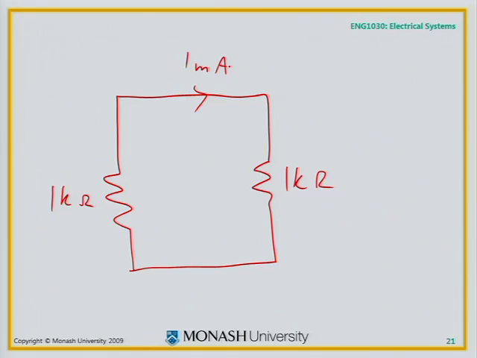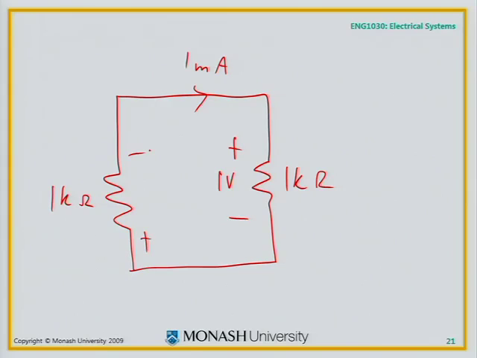Change the magnetic flux through it. So, a time varying magnetic field. Suppose it induces 1 milliamp of current. What's the voltage drop across that 1K resistor? With that sign convention, 1 volt.